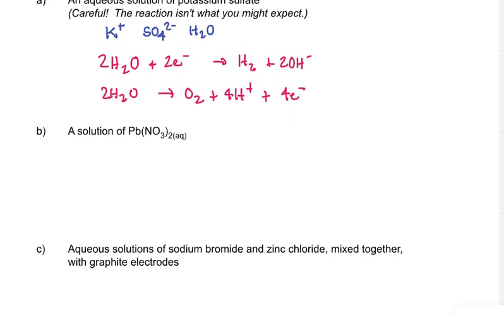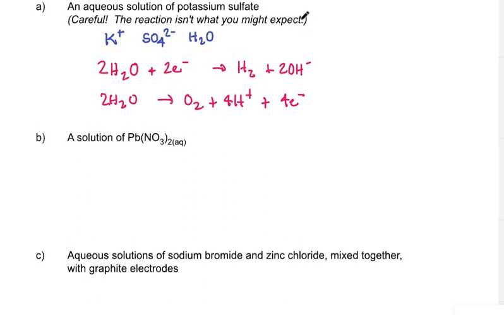When you see something like this, it's very natural to kind of discount the water and say, okay, clearly the interesting chemicals, potassium and sulfate, are going to be the ones that do stuff in this cell, and you expect to see potassium and sulfur reactions. Not always true. Sometimes the water is actually the most active species in the cell, and it's the one that does everything.